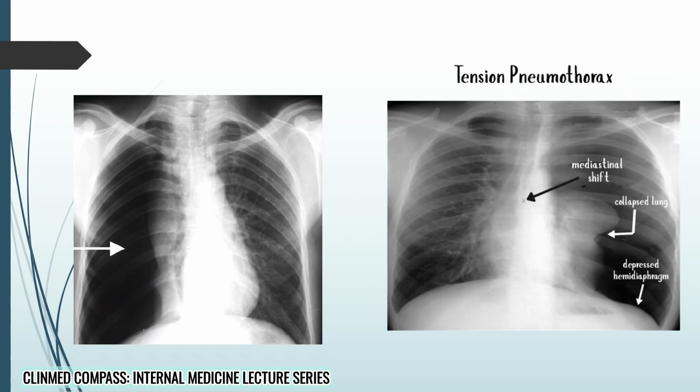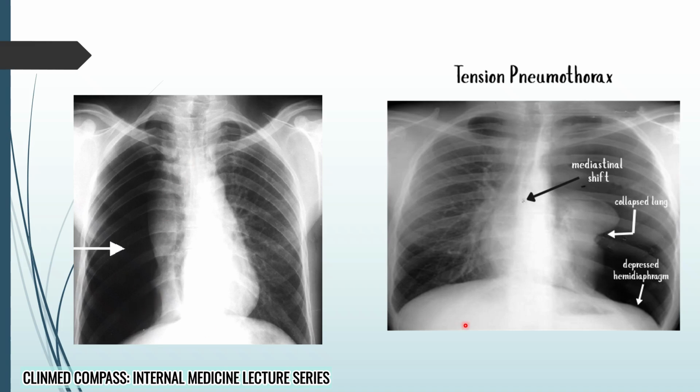These are chest radiographs in cases of pneumothorax. In the first image, we can see the visible pleural edge. We can see hyperlucency of the lung fields in which there are absent lung markings peripheral to the collapsed lung.